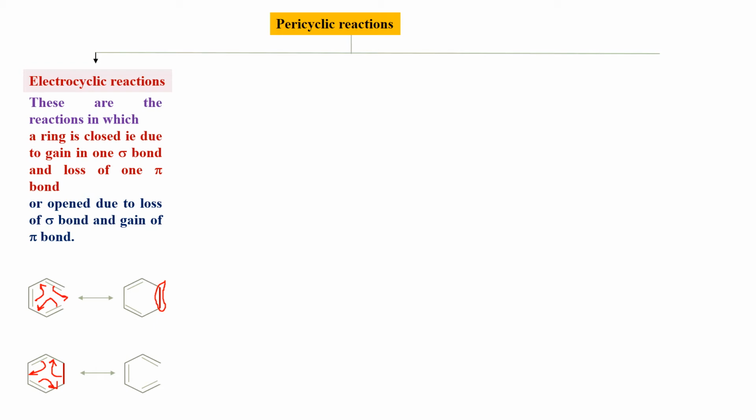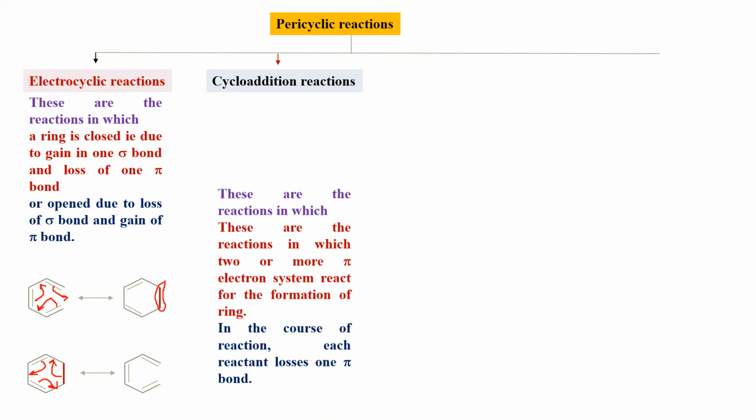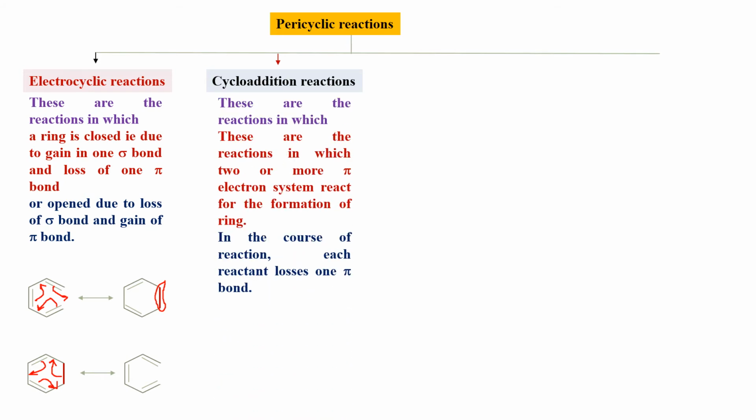Now we come to the second type of pericyclic reaction. The second type of pericyclic reaction is known as cycloaddition reaction. Cycloaddition reaction means two reactants are reacting with each other and both reactants have a pi electron system. At the time of reaction, both reactants will lose one pi bond each.